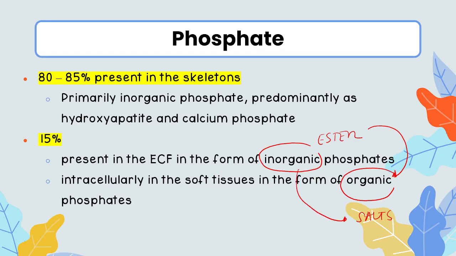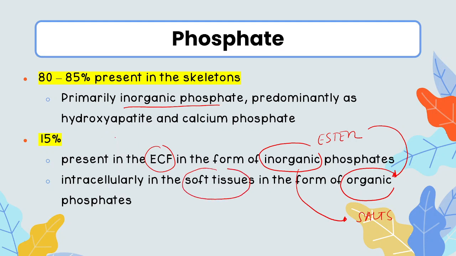Now, about 80 to 85% of phosphate is present in the skeletons in the form of inorganic phosphate, and it is predominantly as your hydroxyapatite and your calcium phosphate. So that is the specific form found in your skeletons, and around 15% can be present in your ECF or in your soft tissues.